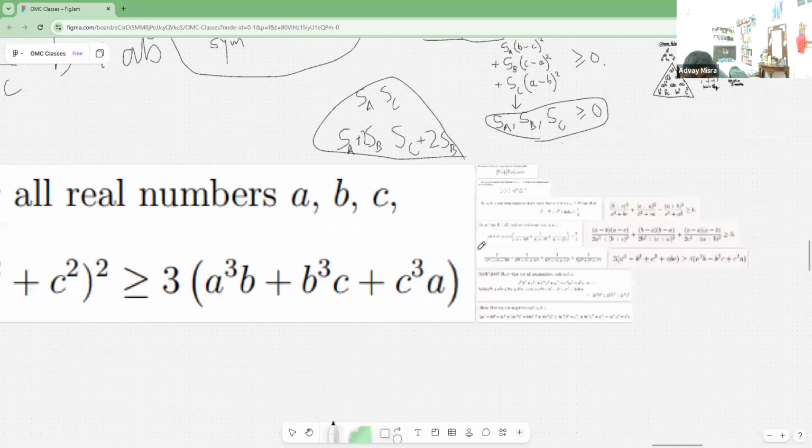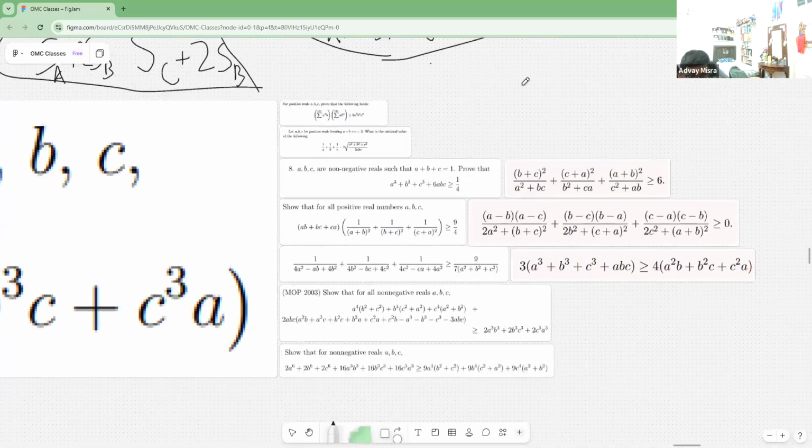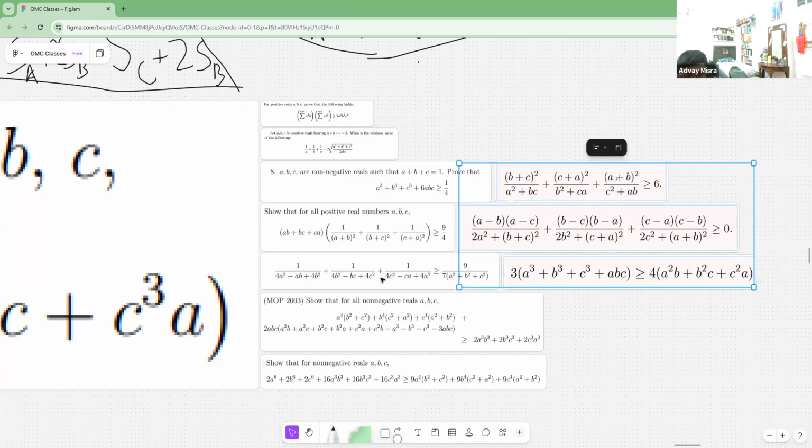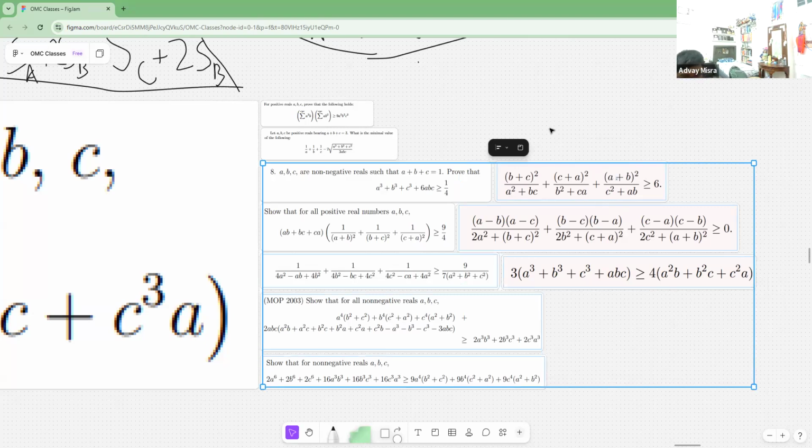So just take a screenshot, or you can go to the recording and try out these problems. These problems are based off of what I did today.